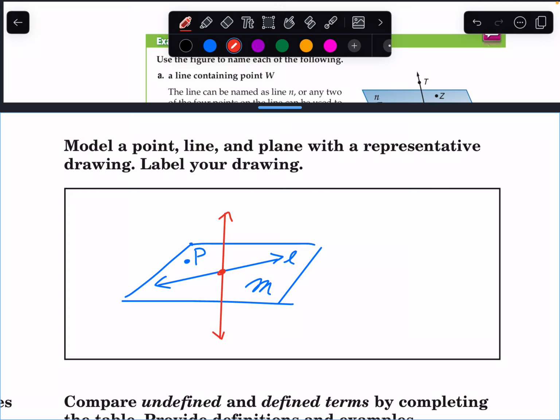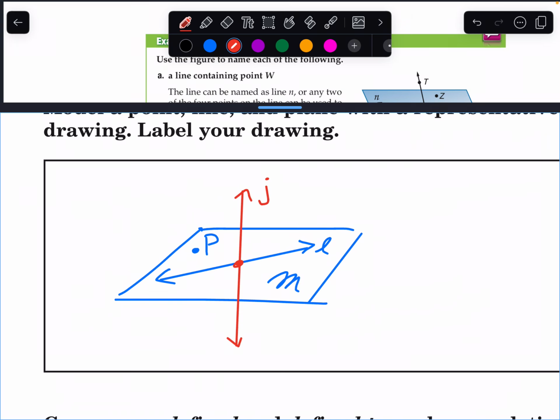We'll call this, I don't know what a script J looks like, we'll just come up with another letter there, lowercase. But if we really want to sell the illusion that this goes above the plane through, like poking a pencil through a hole in the paper, then with this portion of it, if this was a physical model, this portion of the line would be hidden.